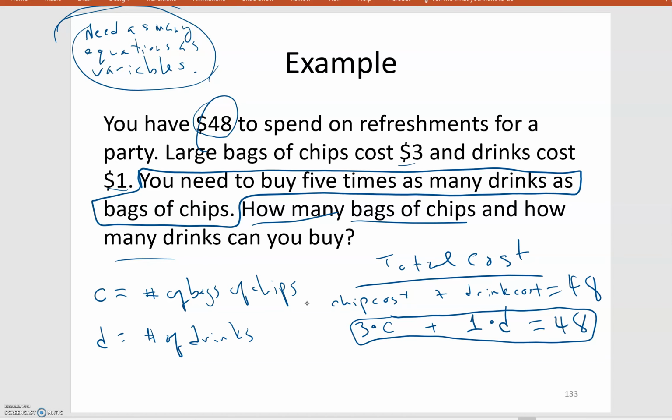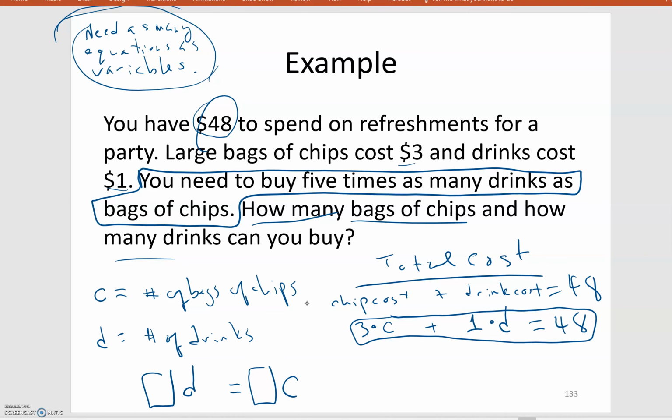I need to have 5 times as many drinks as bags of chips. Okay. So what's the relationship between the number of drinks and the number of bags of chips? So we have something, and we have to decide what goes where.